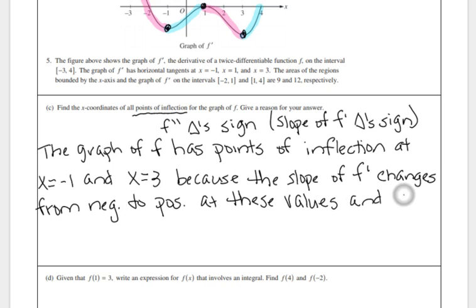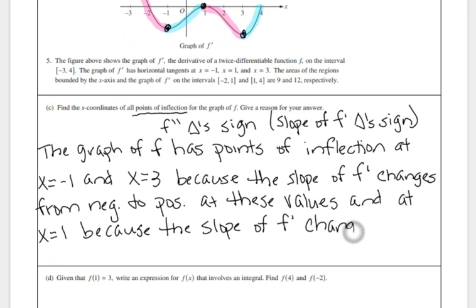And at, what was the other one? x equals 1 because the slope of f prime changes from positive to negative at x equals 1.